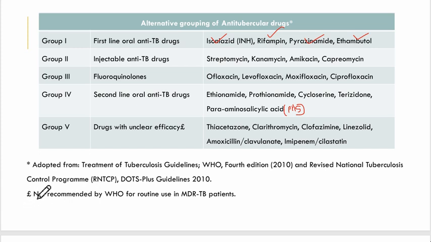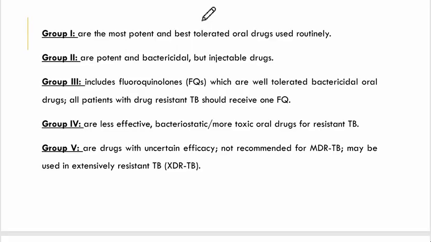Group 5 drugs are not recommended by WHO for routine use in MDR-TB, so these are the drugs with unclear efficacy. They are not generally prescribed or recommended by the World Health Organization. They are just routine clinical medications that are given to the person.